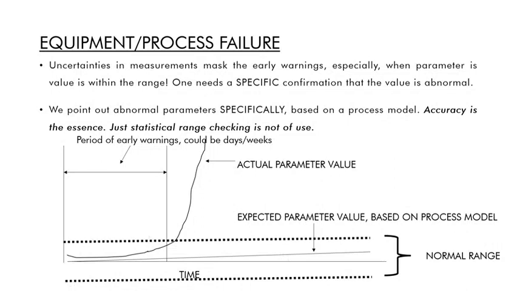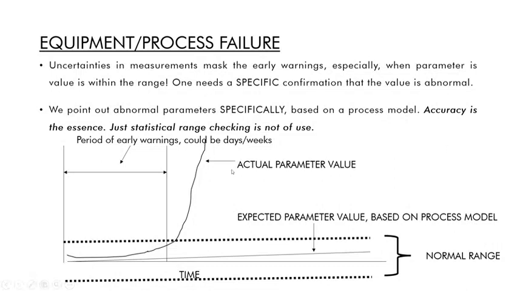However, it is possible to detect the impending failure much in advance if one knows that the value of this parameter is abnormal, and also there is a trend that the parameter is going in a particular direction.